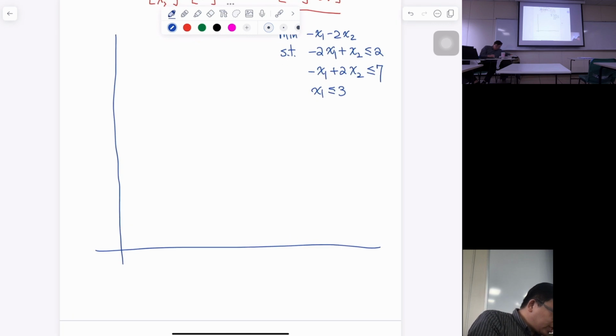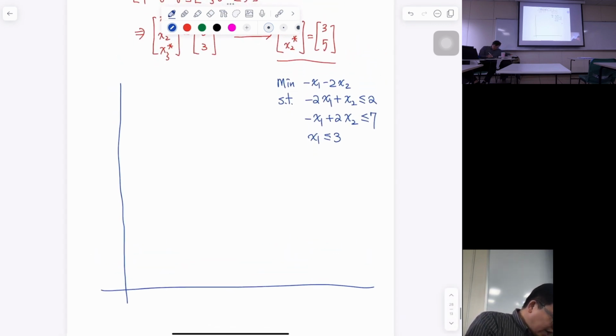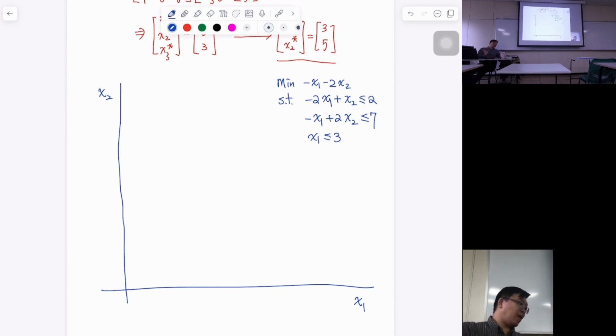Okay, so this is going to be my x1 and x2. Because we want all the x to remain positive, it's like there's a wall right here. So everything above and on the right will be feasible. Nothing negative will be accepted.